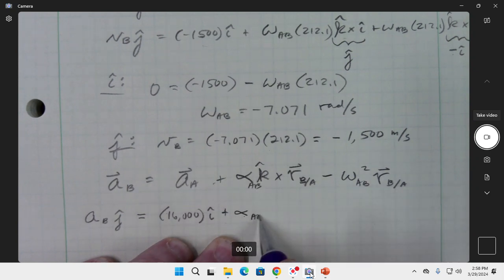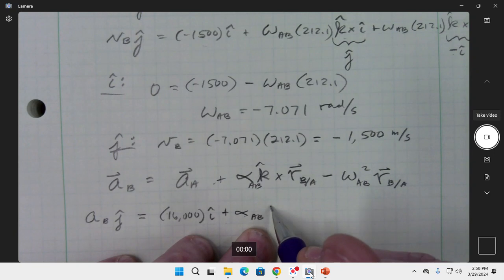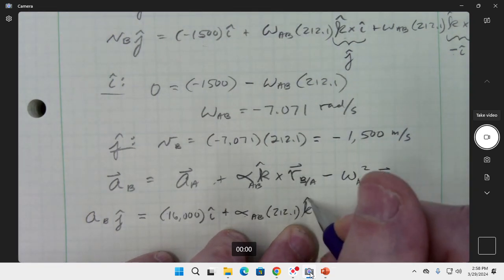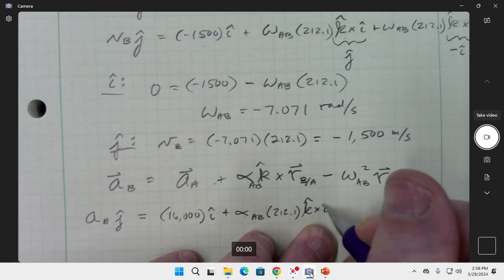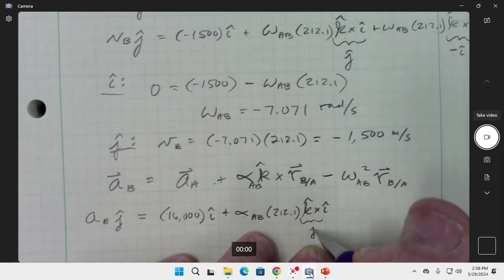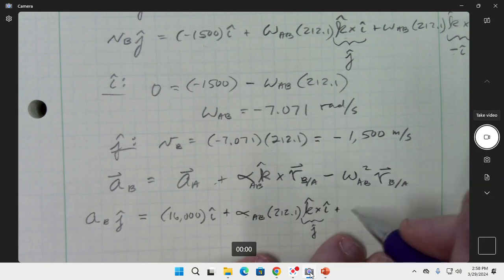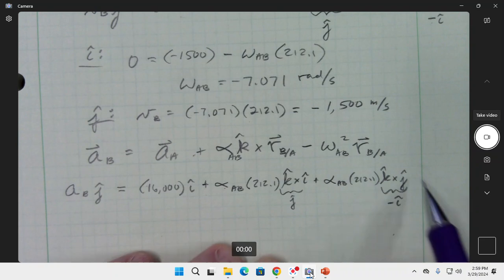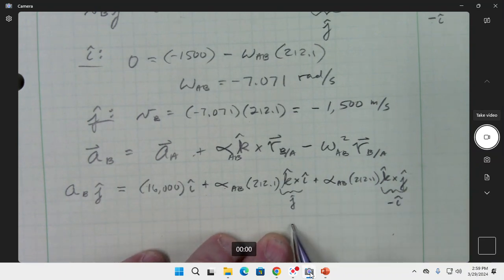Alpha AB times 212.1, and that'd be K crossed I, which we know is J, plus alpha AB 212.1 K crossed J, which we know is negative I.